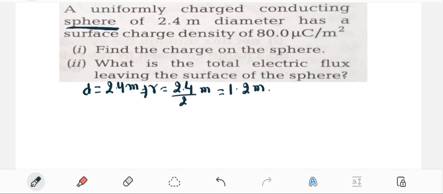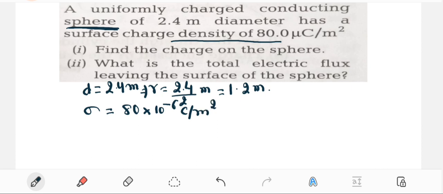Also, the charge density has been given. The charge density, that is sigma, is equal to 80 microcoulomb, micro means 10 to the power minus 6, coulomb per meter square. These are the things which have been given.